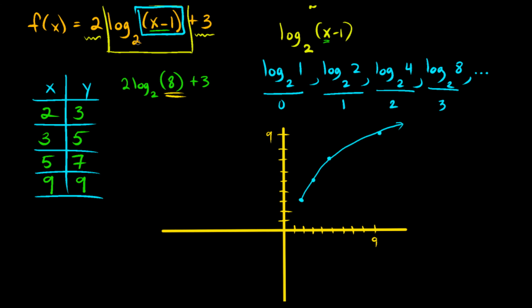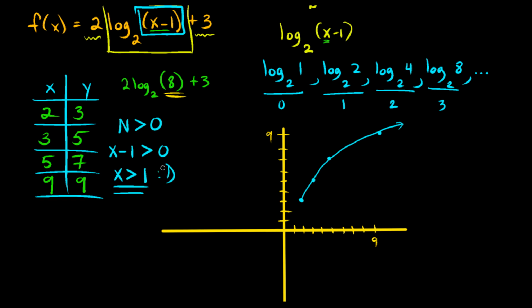So this x minus 1 represents n, the n value. And if you remember back in the video, I said that n has to be greater than 0. So if x minus 1 is n, x minus 1 has to be greater than 0. That means x has to be greater than 1. This is a representation of the function's domain.